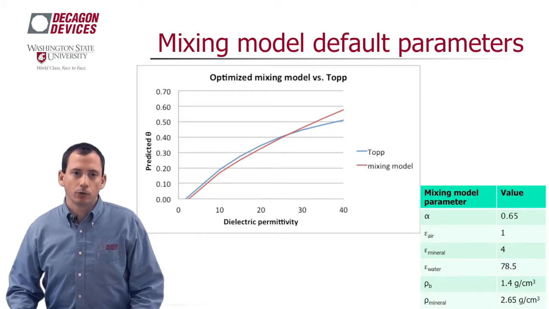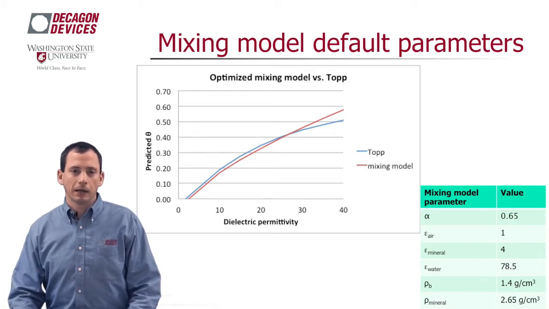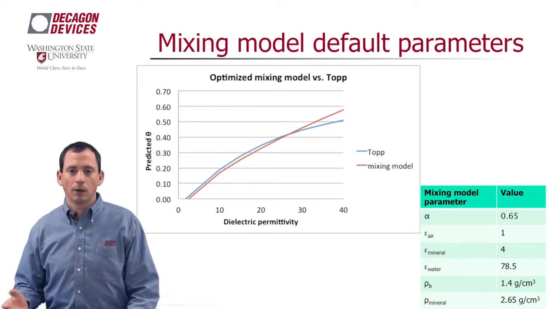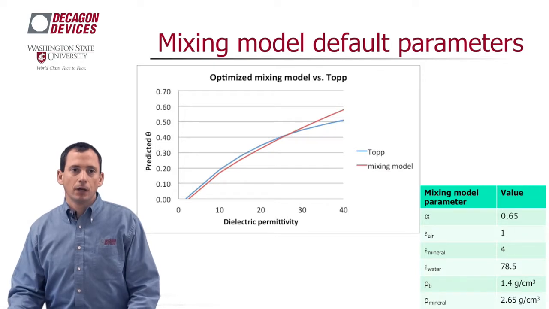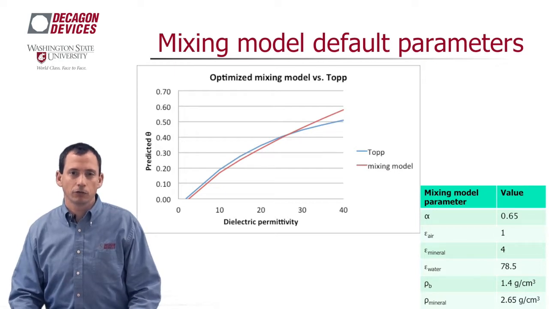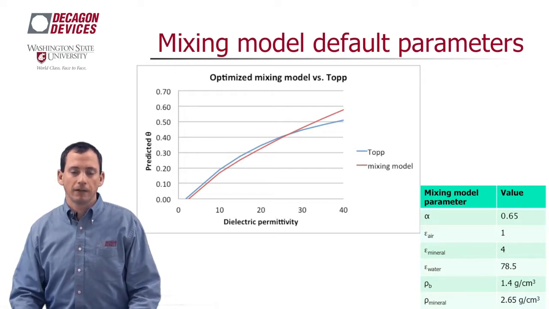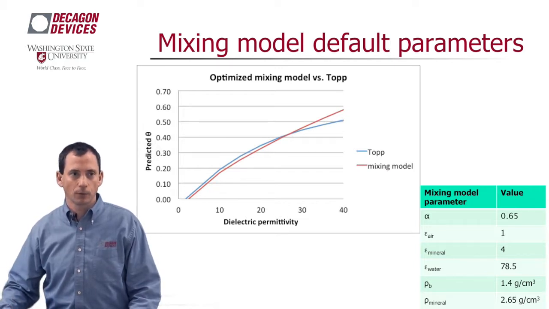First thing I had to do though was parameterize this model and make sure that this dielectric mixing model is doing a good job of predicting what might be a typical soil. So what I tried to do, I just took the top equation, because the top equation, even though it's now 32 years old, is still a valid and pretty reliable method for getting from dielectric permittivity to water content.